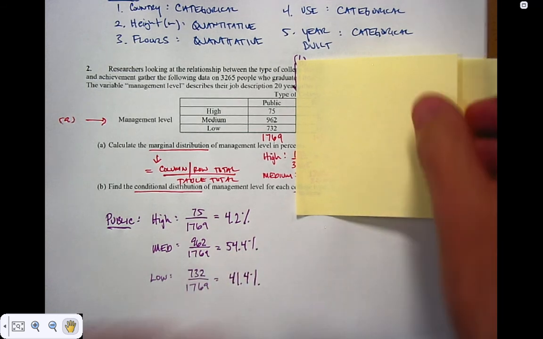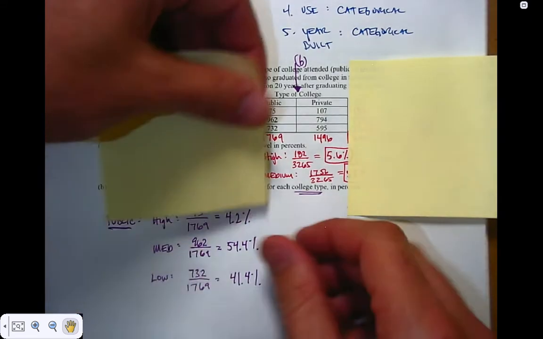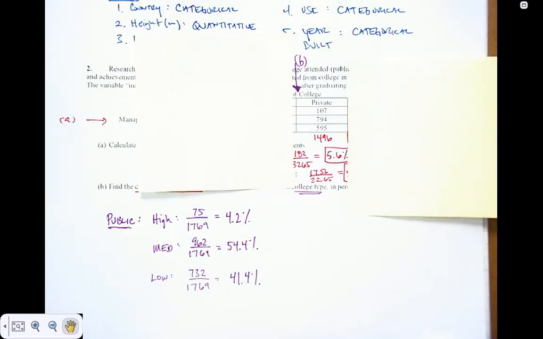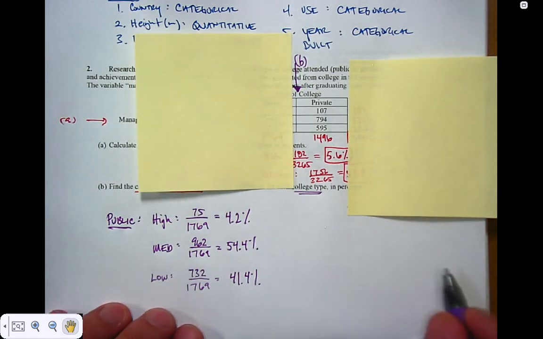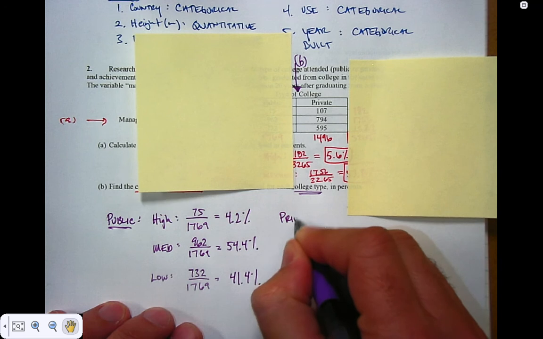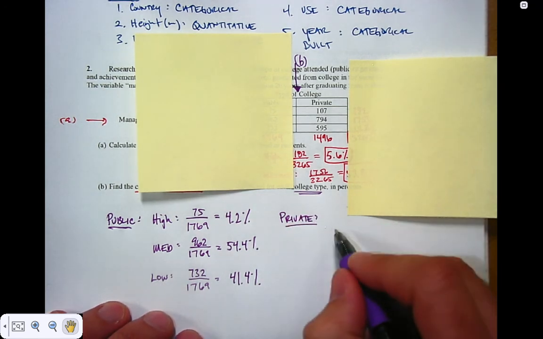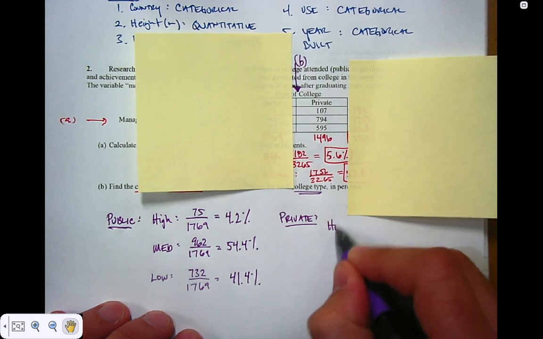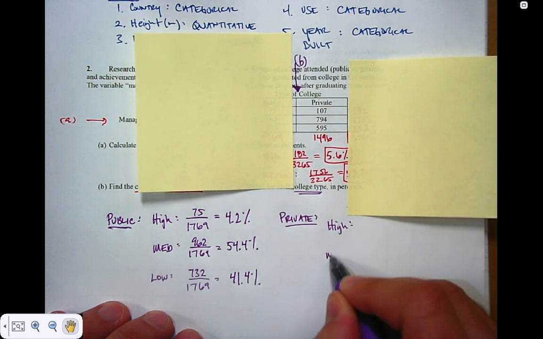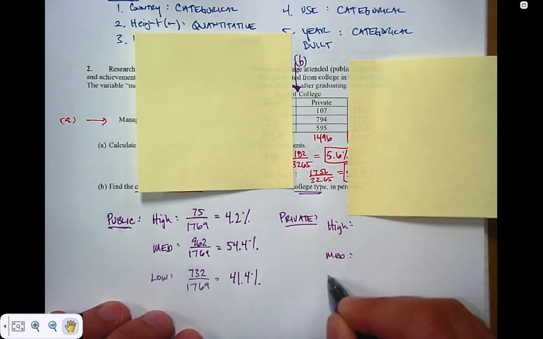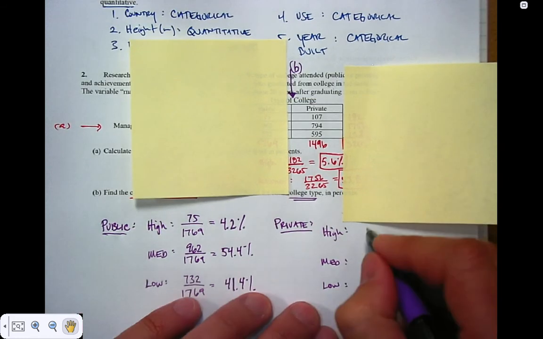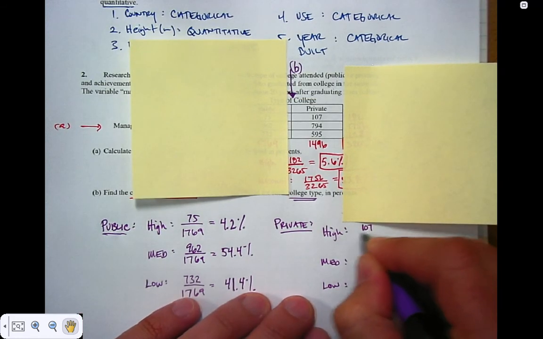And so let's do the same thing for private school, and then we can compare. So if you talk about kids who graduate from private school, which obviously costs more money usually, but sometimes they get better scholarships, you've got high, you've got medium, and low. It's the same percent game. So we have 107 out of 1496.